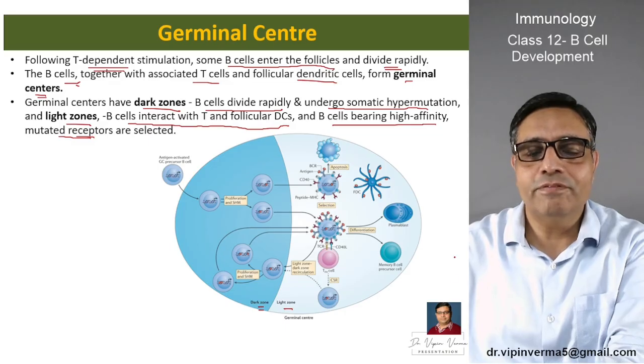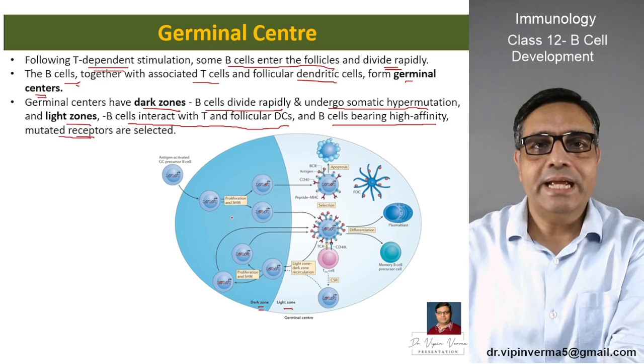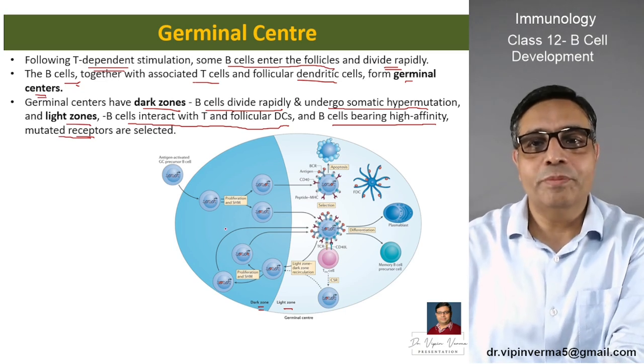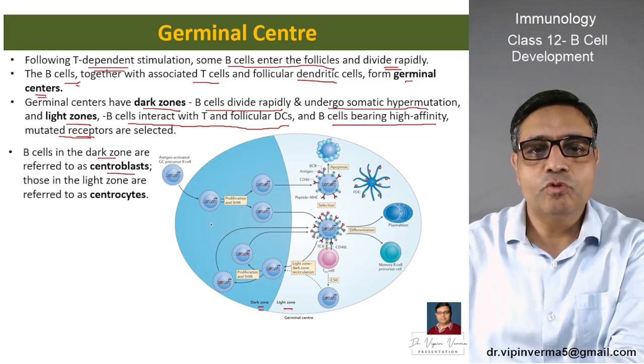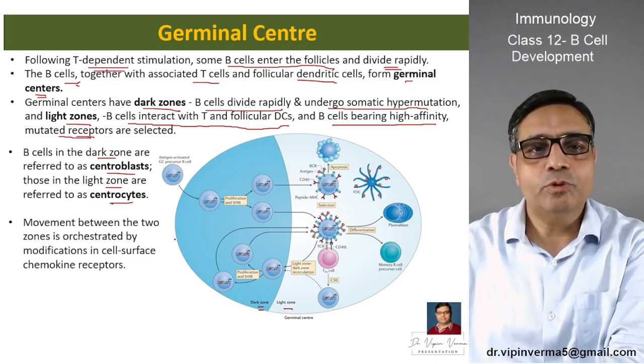So basically the majority of the activity is happening here, while the preparation part is happening in the dark zone, where we see proliferation and somatic hypermutation. Now, B cells in the dark zones are referred to as centroblasts, while those in the light zones are referred to as centrocytes. So B cells here are called centrocytes, and in the dark zone they are called centroblasts.